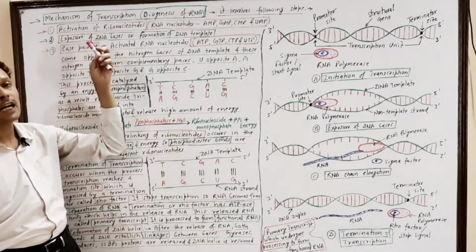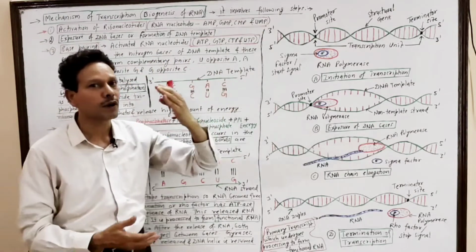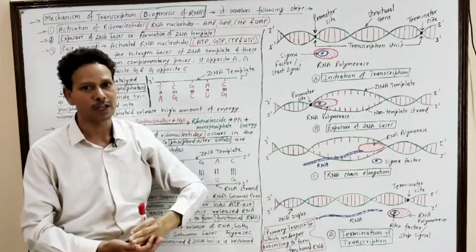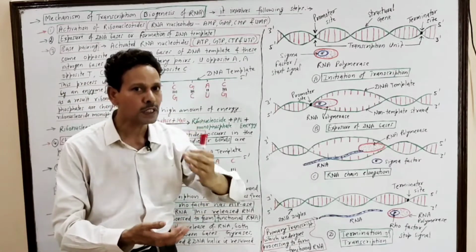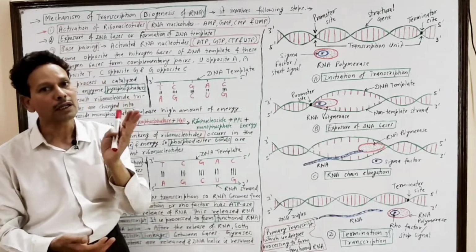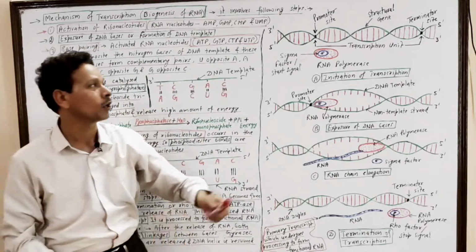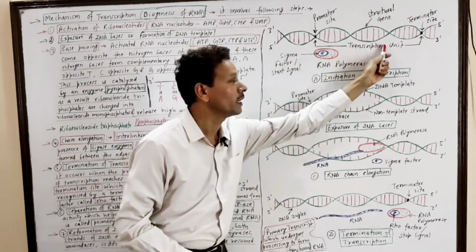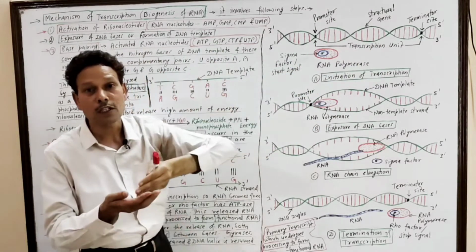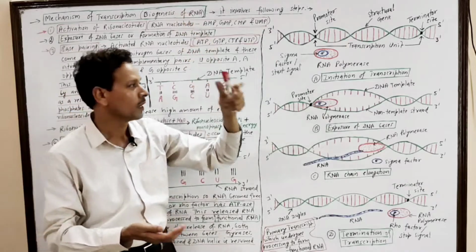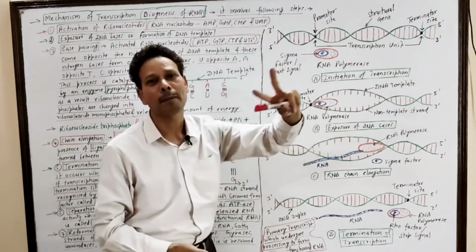Second step is exposure of DNA bases or formation of DNA template. As we know, this entire process of RNA formation occurs on a specific segment of DNA, and that unit is the transcription unit. This transcription takes place on one strand of DNA, and that strand is the DNA template.